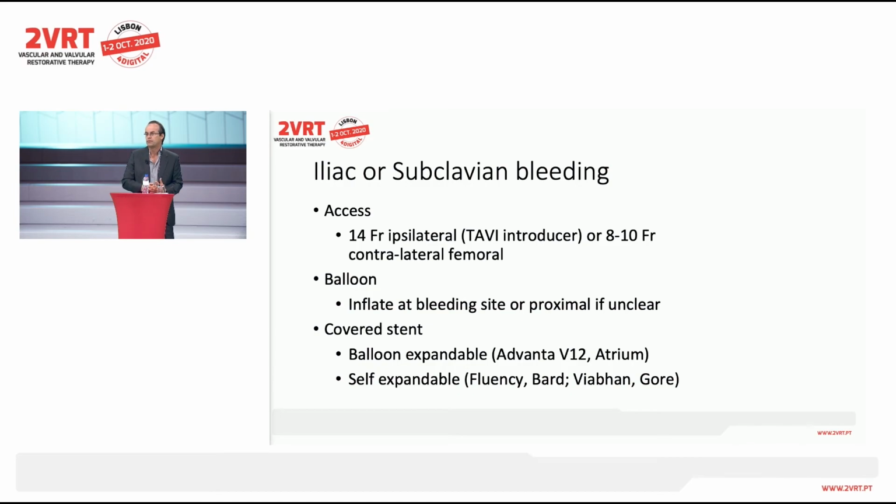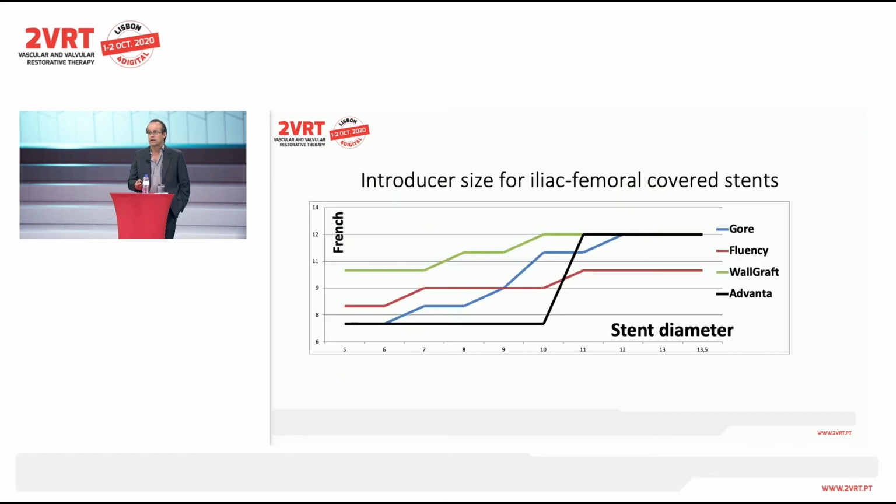Use low pressure, you don't need much more than that. And then you can choose either a covered stent, a balloon expandable, Advanta V12, which is reasonably low profile, or self-expandable stents, and it really depends how precise or how long the need to cover is in that case.